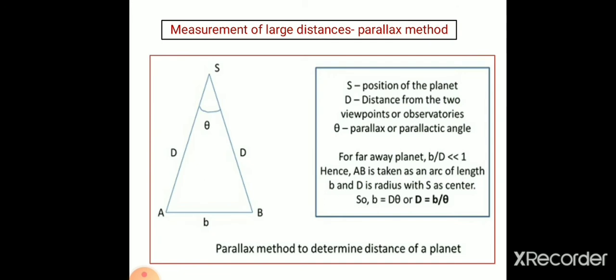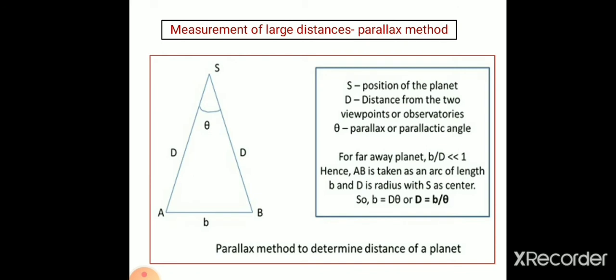Since S is at a very large distance from the point of observation, we can see that AS will be approximately equivalent to BS. Let this distance be equivalent to capital D. And there will be an angle subtended by the lines AS and BS.